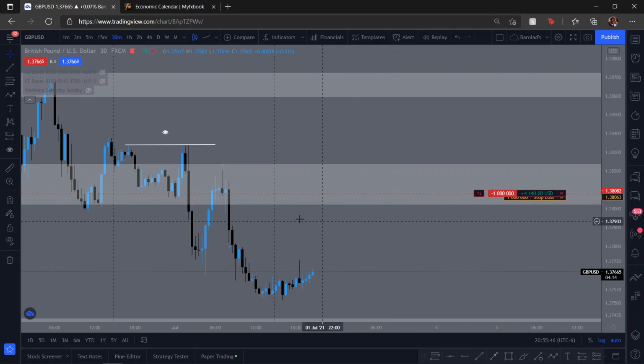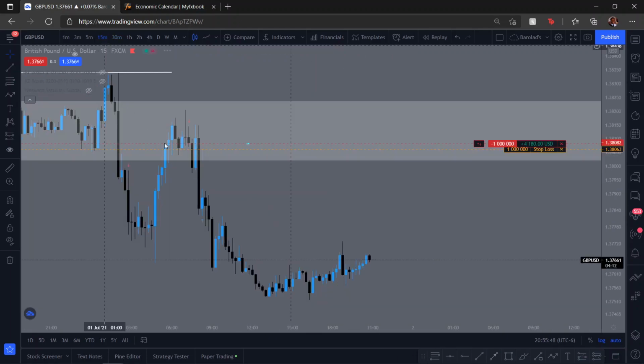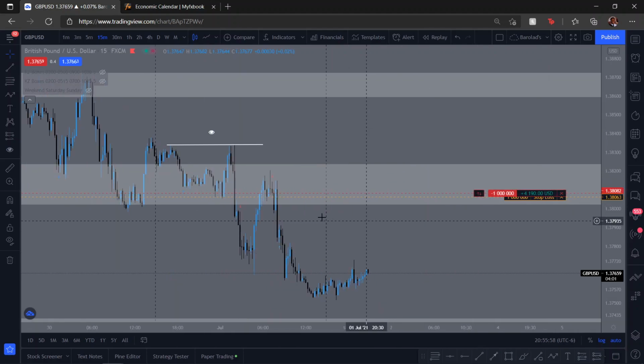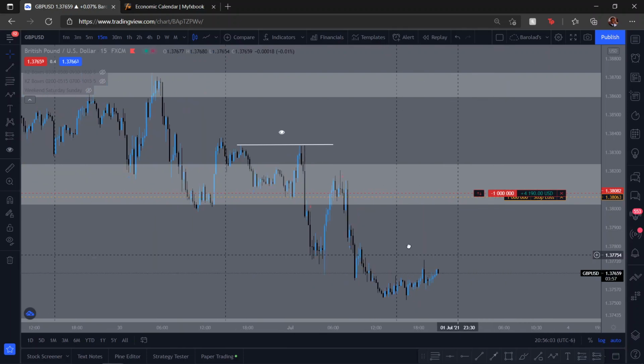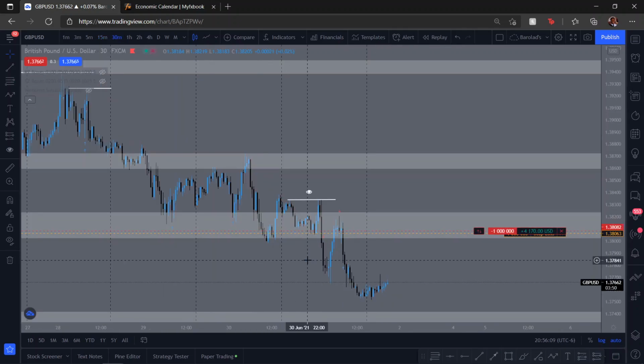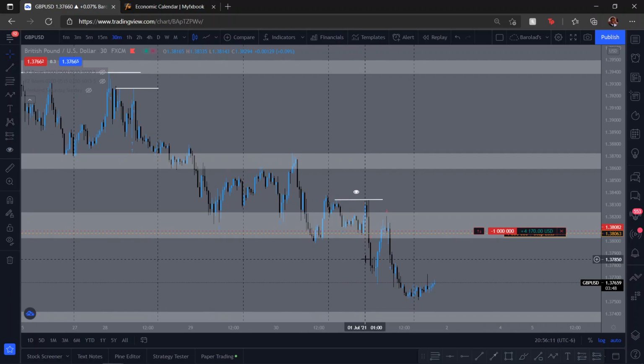I'd like to see a run up into these highs, and maybe we can just see a quick drop in London and then get out of the trade before NFP, or secure your entries right before NFP. I'll just see how it plays out. But yeah, I'm definitely looking to continue short on GBPUSD, and here's the reason why.